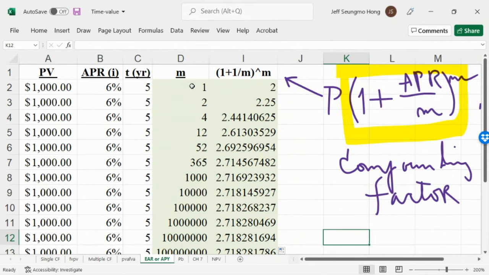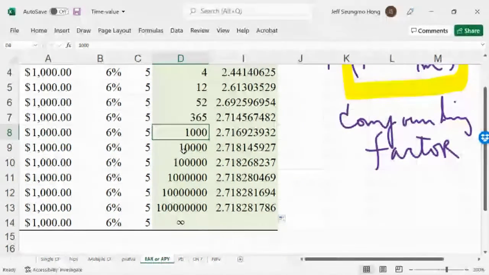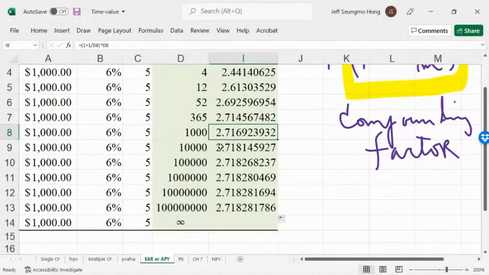Even within a year, if the compounding frequency just increases. No, even if we increase our compounding frequency to 1,000, it doesn't increase that much.